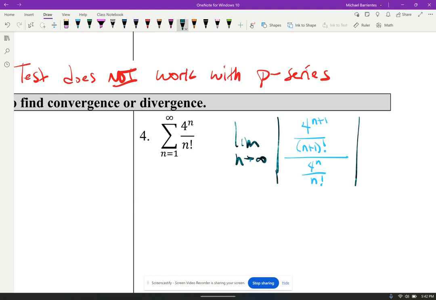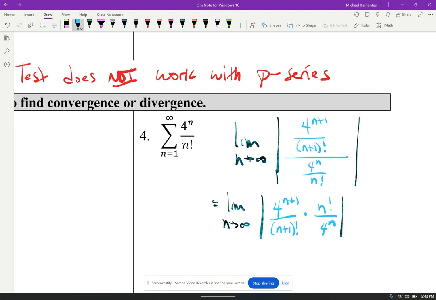Well, now I have a fraction within a fraction, and that fraction includes exponentials and factorials. So let me see if I can make this look a little bit nicer. The absolute value of this is going to stay the same. So the way I'm going to approach this is I'm going to take the numerator and multiply it by the reciprocal of the denominator.